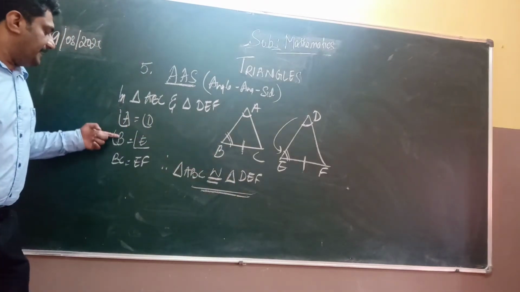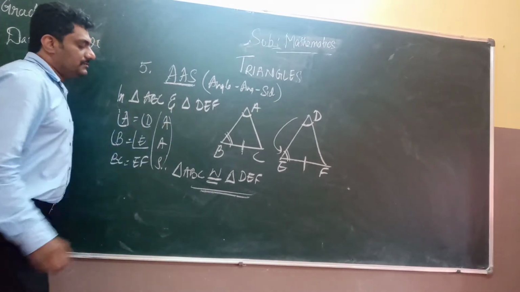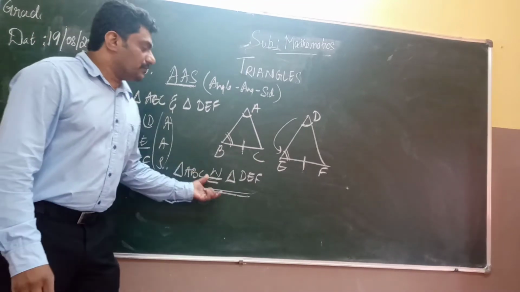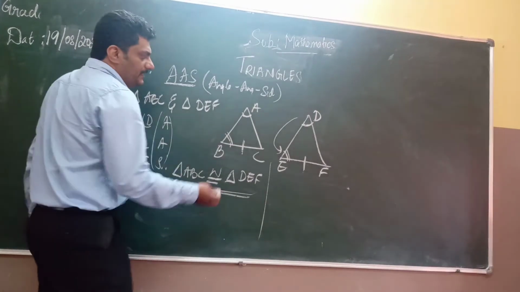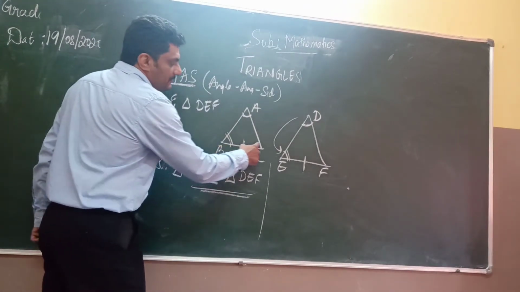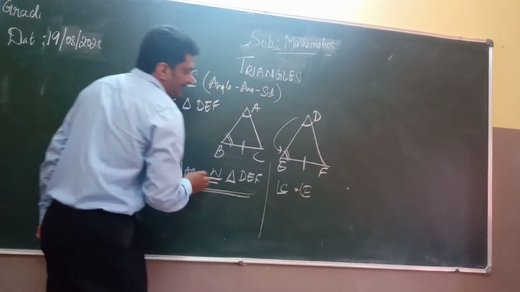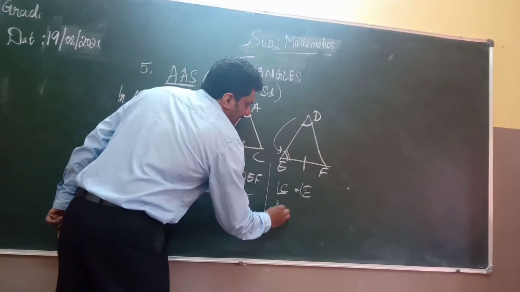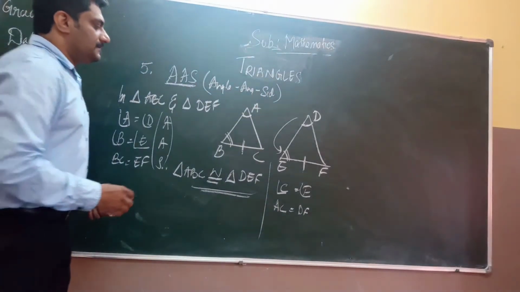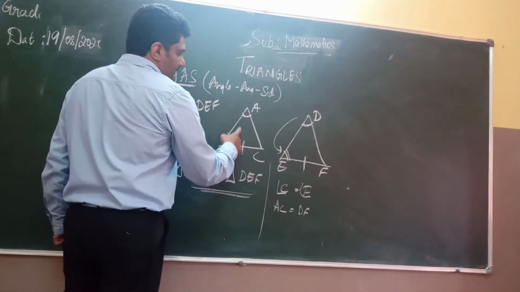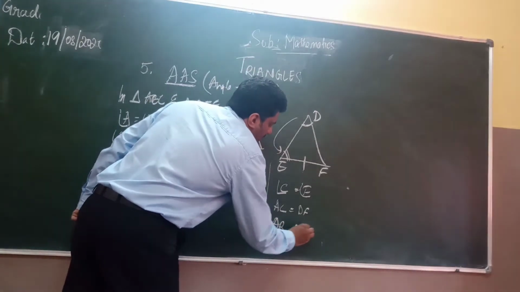Now again, angle, angle, side. As I told you, the moment you prove two triangles are congruent, which things will be equal again? What is remaining? Remaining is angle C equal to angle F, and AC equal to DF, and then AB equal to DE.